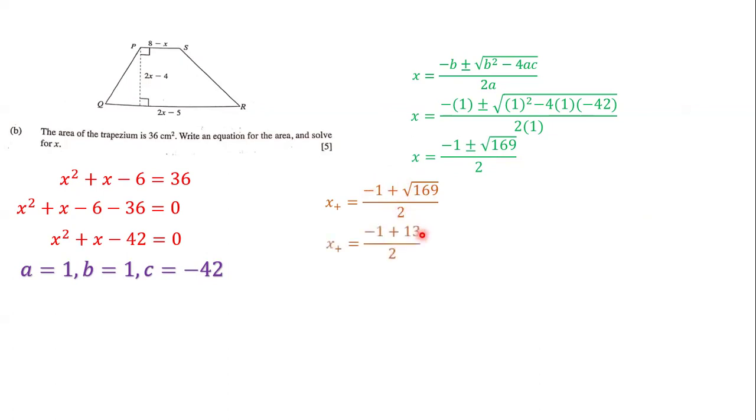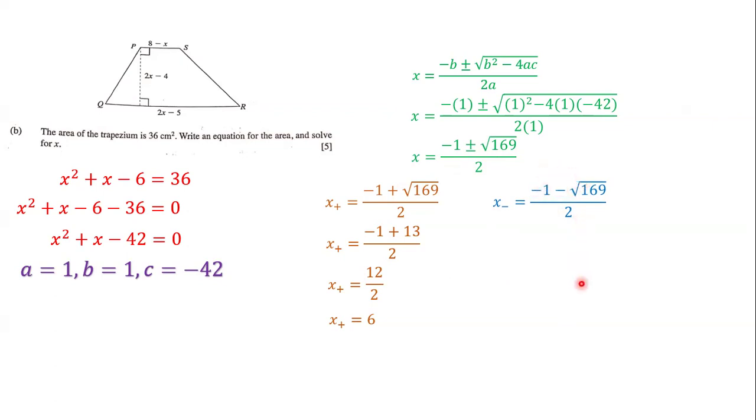And what is the square root of 169? Well, the square root of 169 is 13. And so we have x positive is equal to negative 1 plus 13, and negative 1 plus 13 is 12. So we have 12 divided by 2, and 12 divided by 2 is 6. Next, we are going to figure out x negative, which just means that we use a negative sign in between these two numbers.